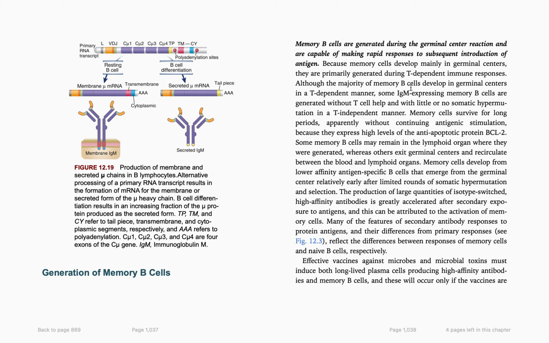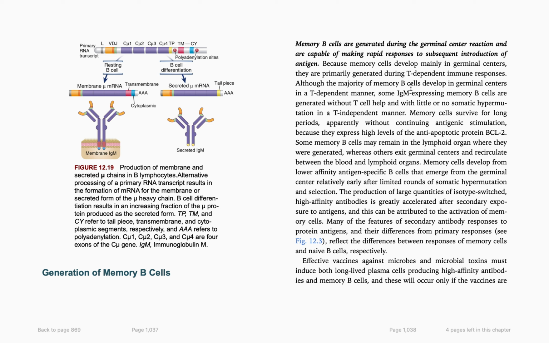Memory cells survive for a long period, apparently without continuing antigenic stimulation, because they express high levels of the anti-apoptotic protein BCL2. Some memory B cells may remain in the lymphoid organ where they were generated, whereas others exit the germinal center and recirculate between blood and lymphoid organs.